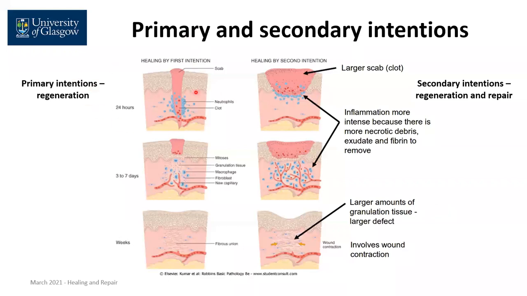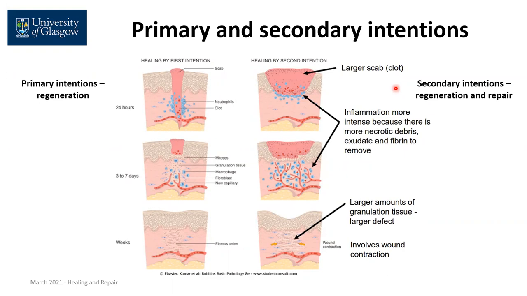In primary intention, during regeneration, you have the coagulation and inflammation phase, so formation of the blood clot, and innate immune cells will try and fight the infection or remove any damaged cells within the tissue. You'll get the formation of granulation tissue, formation of new capillaries via angiogenesis, and some deposition of collagen within the extracellular matrix underlying the tissue.